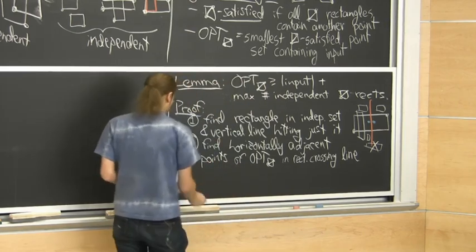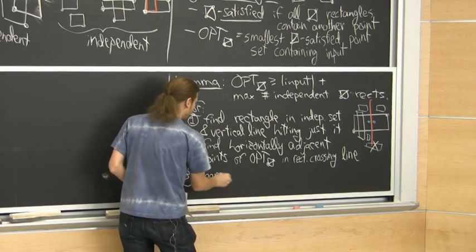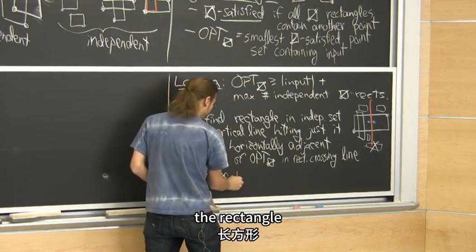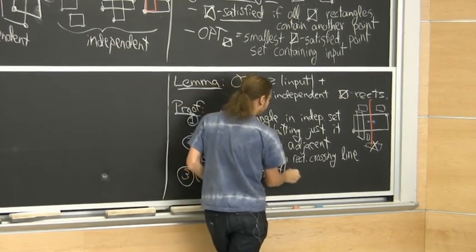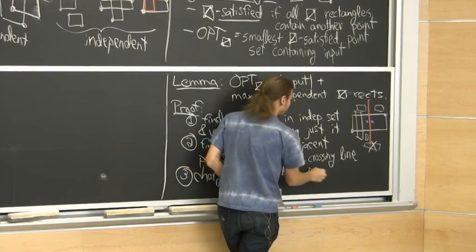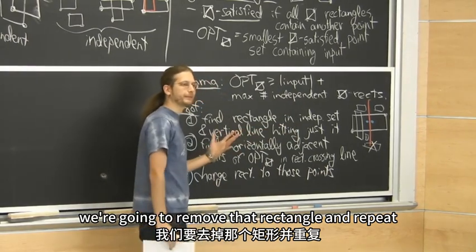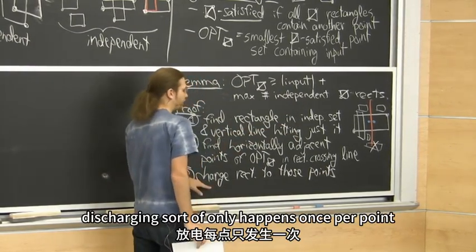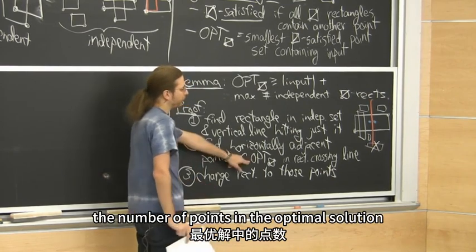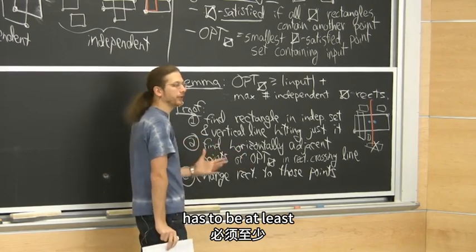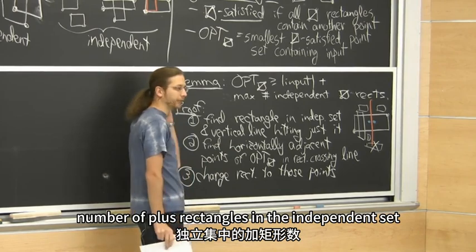Okay. And then what we're going to do is charge the rectangle to those points. Okay, and then basically we're going to remove that rectangle and repeat. And the claim is this charging sort of only happens once per point, and therefore the number of points in the optimal solution has to be at least the number of plus rectangles in the independent set.